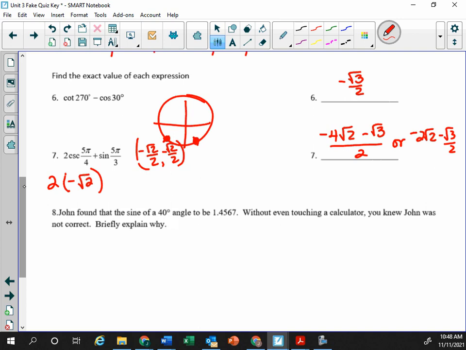What is the y value down there? So that is your answer. Like, you could just leave it as negative 2 root 2 minus root 3 over 2. Or if you did a common denominator, it'd be negative 4 root 2 minus root 3 over 2. Yep, either one of those works.